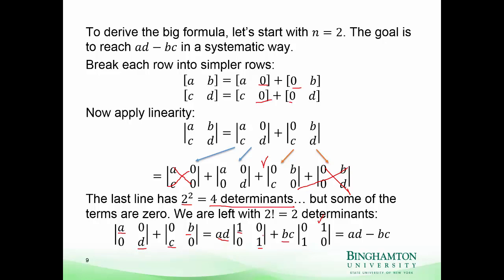These are permutation matrices, and we know that their determinant is either +1 or -1. This is the identity matrix, so it's +1, so we get plus AD. This is the identity matrix with 1 row exchange, so that's going to be negative. So we've just, again, proved this formula, AD minus BC.